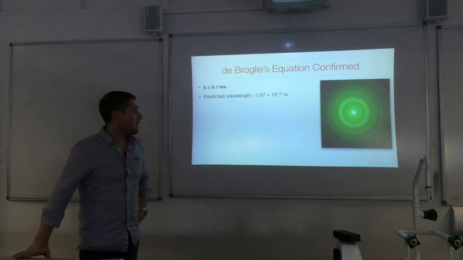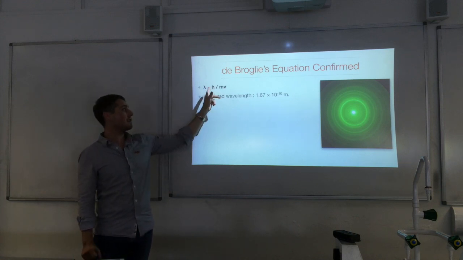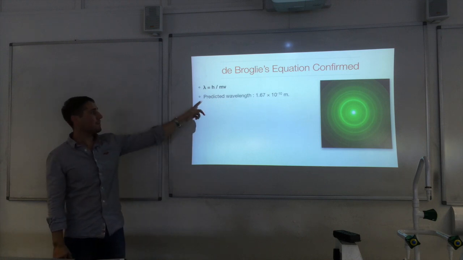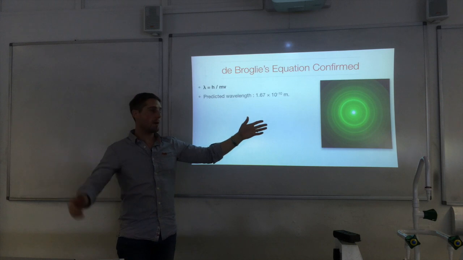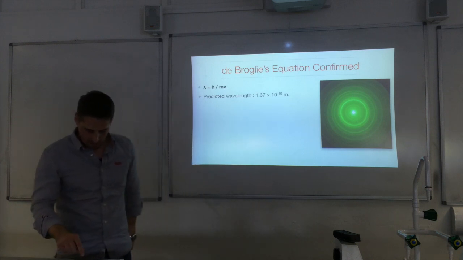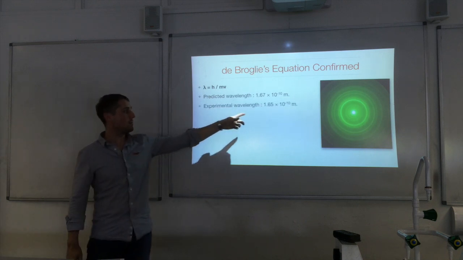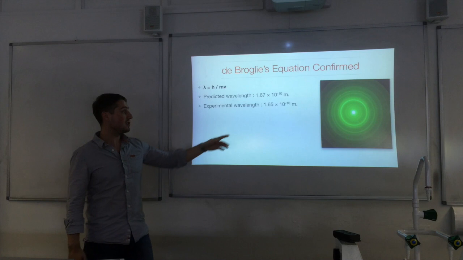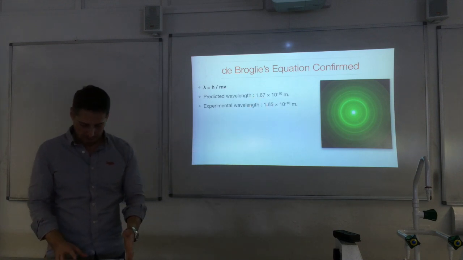And also the equation was confirmed as well. Remember the equation, wavelength is Planck's constant divided by the momentum. The wavelength that this predicts for a particular experiment was 1.67 times 10 to the minus 10 metres. The wavelength that was measured experimentally was 1.65 times 10 to the minus 10 metres. You can see an uncanny similarity. This is bang on.